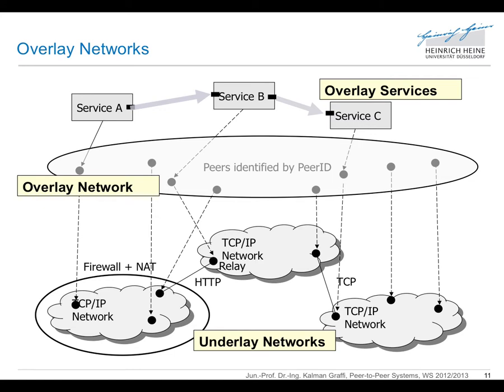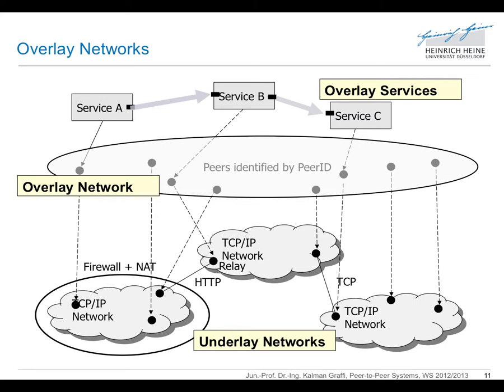So they say, okay, we create an overlay. We somehow find out who else is in this overlay. And we create connections to each other. And in the second network, using the functionality of TCP/IP, we can communicate with each other. And we can think of some protocols to provide some new services, some new functionalities.